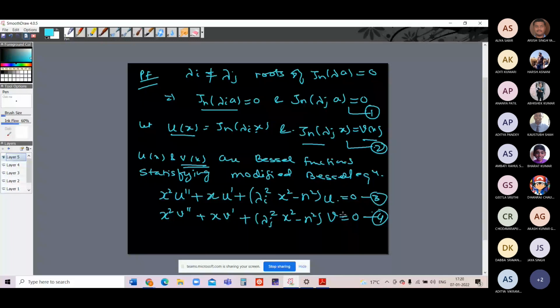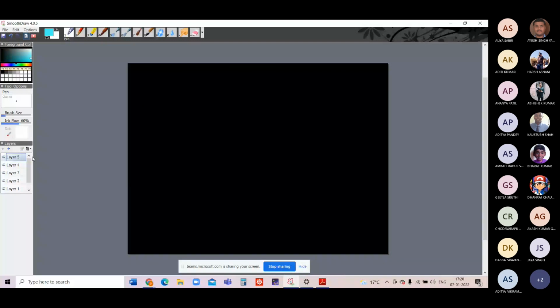Now, multiplying equation number 3 on both sides by v and equation number 4 on both sides by u, then subtracting equation 4 from equation number 3, in the same manner as we showed the orthogonal property in Sturm-Liouville.